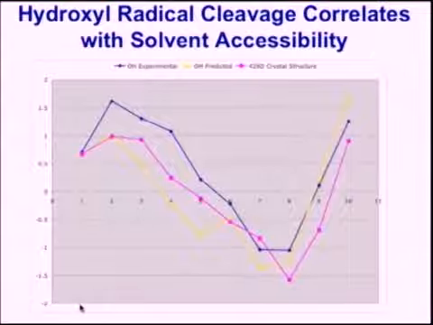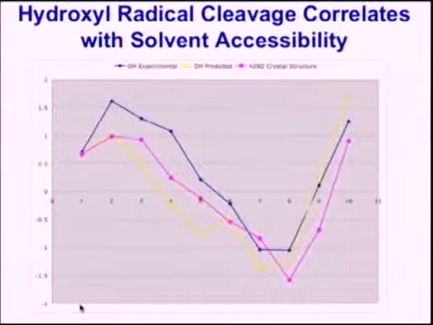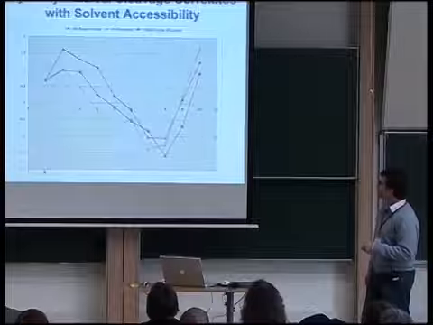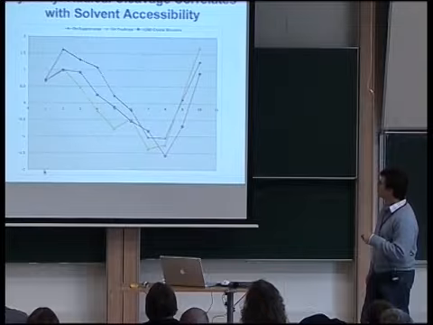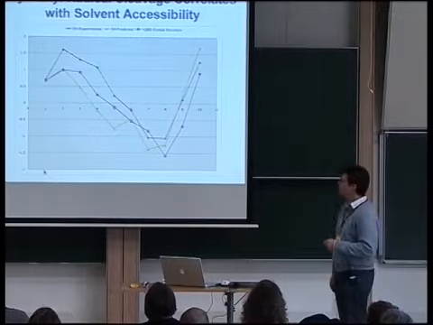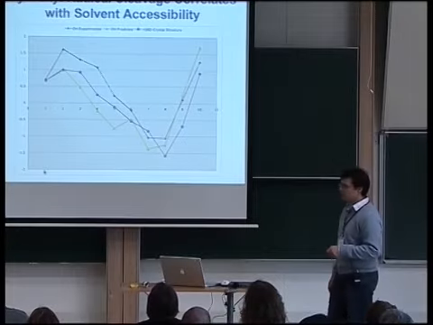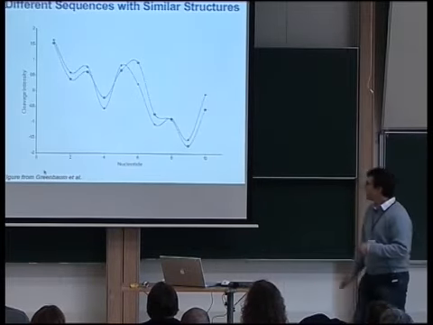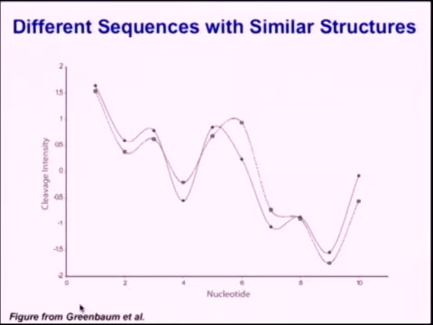The other exciting thing is that with this computational algorithm that looks into a database of sequences that have been analyzed with this experimental hydroxyl radical pattern, you can see that this pattern also pretty much follows what is known about both the crystal structure and the experimental data that was used to generate the prediction algorithm. So we thought that using this information would be quite helpful, particularly because what I'm showing you here are the cleavage intensity patterns for 2 different 10 nucleotide sequences that are 0% identical.